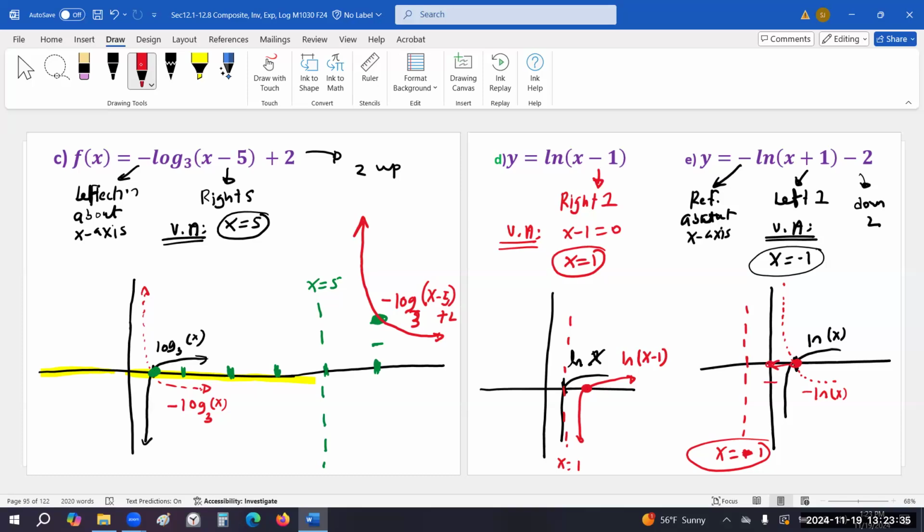Go down twice, 1, 2 here. So this goes up and this goes this way. Reflection just gives them negative ln x plus 1 minus 2.